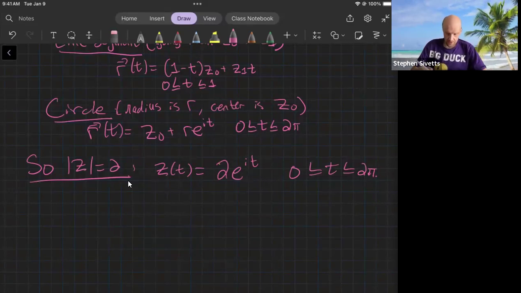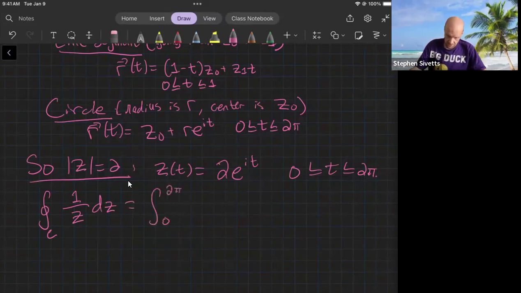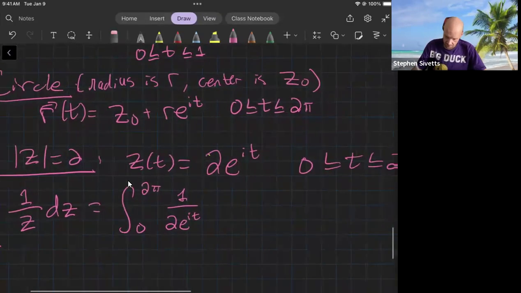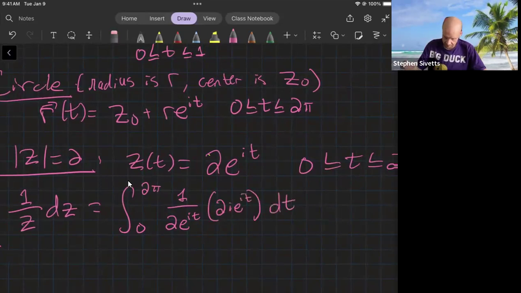If you see a line integral with a circle in the middle, that means you're dealing with a closed curve. The circle is indeed a closed curve. It starts and ends at the same point. So this line integral equals the integral from 0 to 2 pi of f of z, in this case 1 over 2 e to the it, times z prime of t, which is 2i e to the it, times dt.